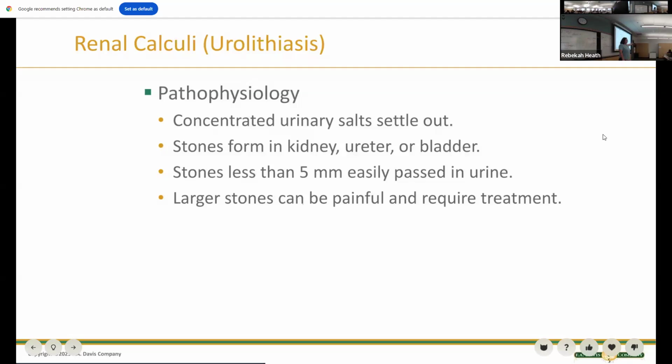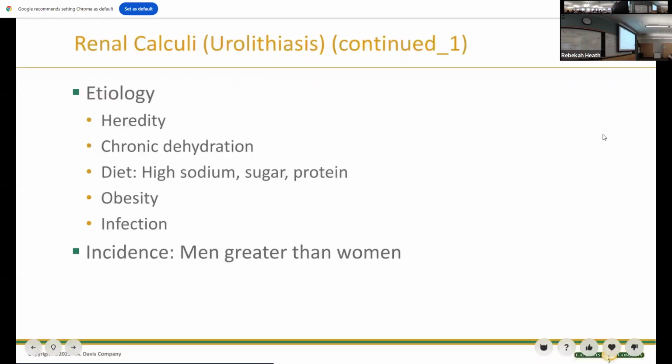Usually stones less than 5 millimeters, and I'm not going to test you on size, but just know if they're real small, people can usually pass them pretty easily. If they're bigger than that, they're much more likely to get stuck. They're painful and they require treatment because they're obstructing, right? Anytime there's obstruction, we need to do something about it.